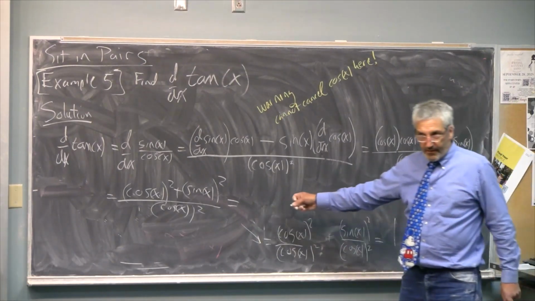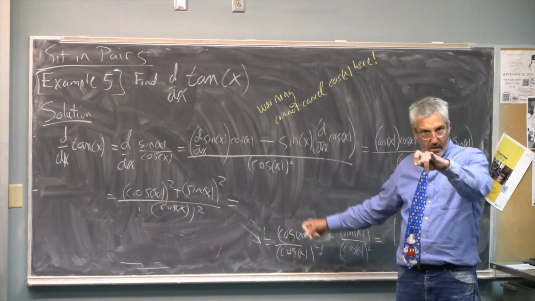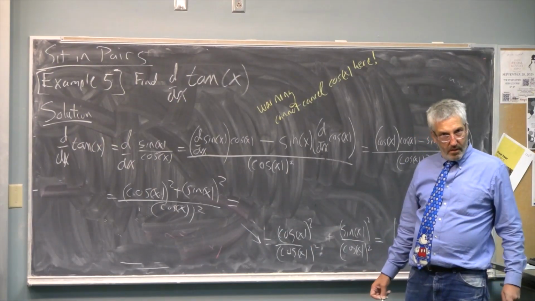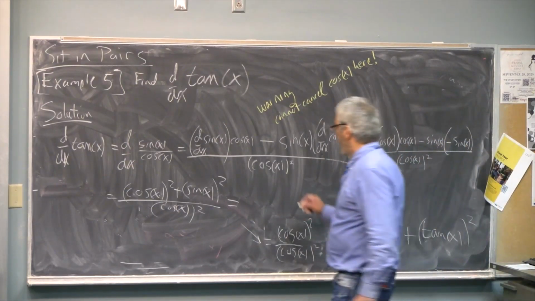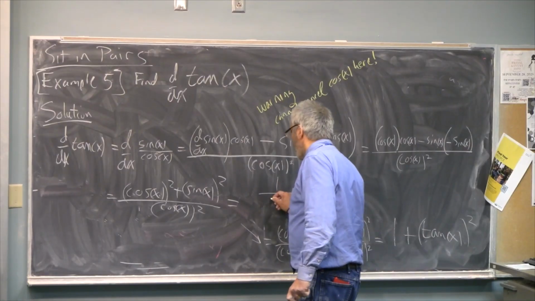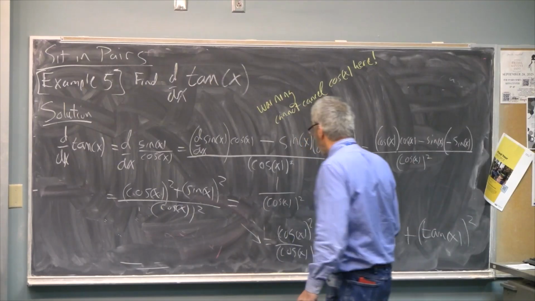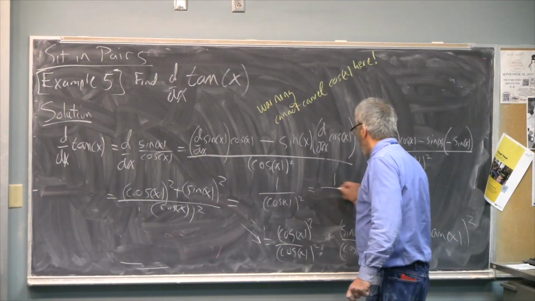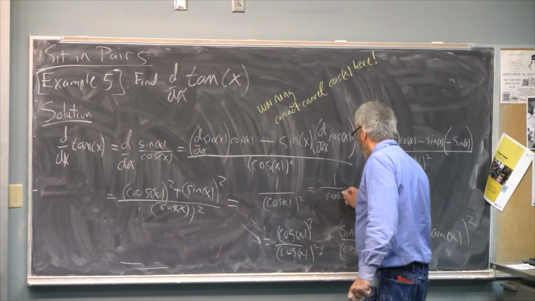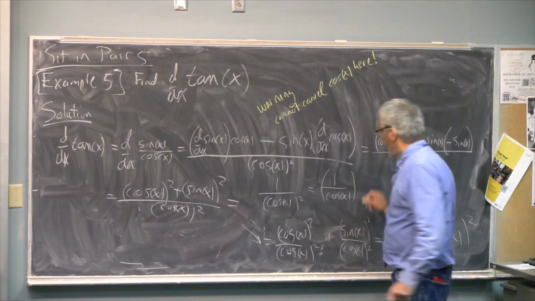What's another way of rewriting this? Cosine x squared plus sine x squared equals 1. So this is 1 over cos x squared, but that's the same as 1 over cos x, that whole quantity squared.